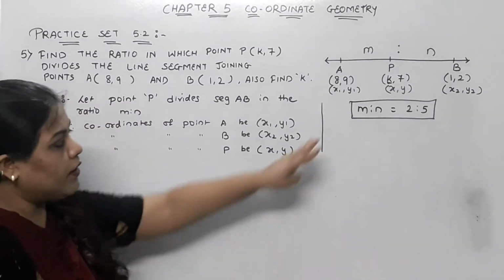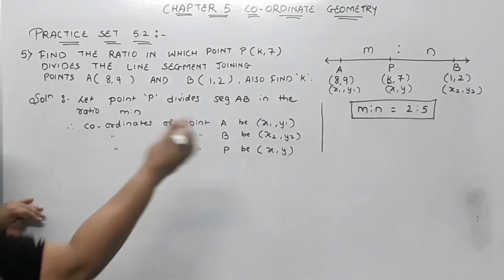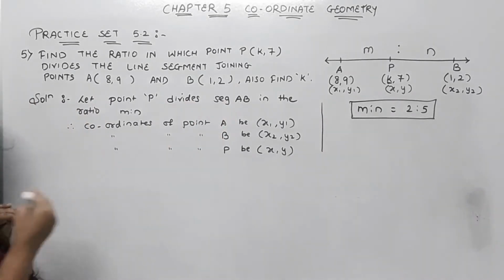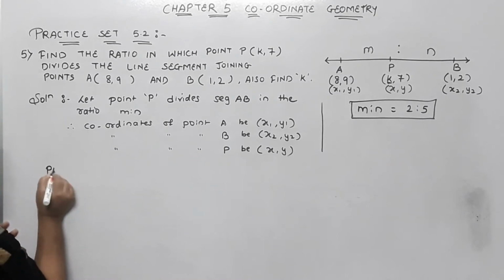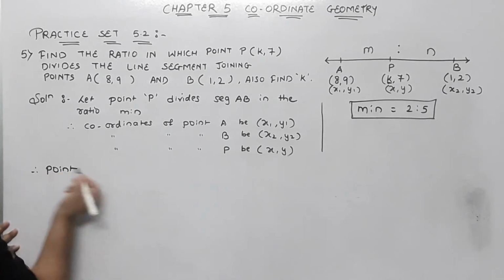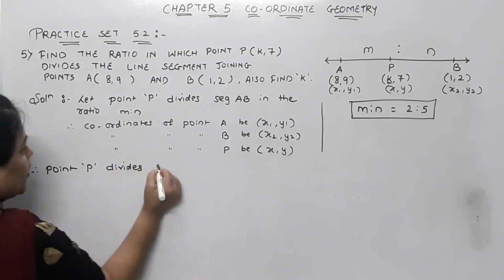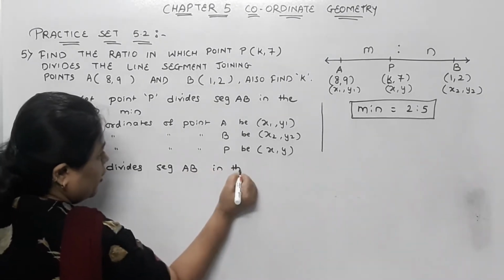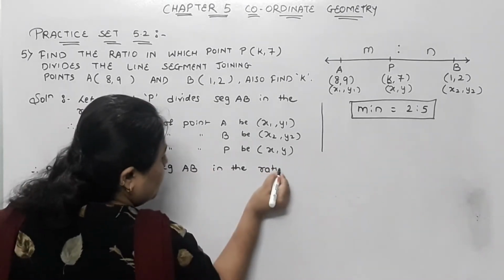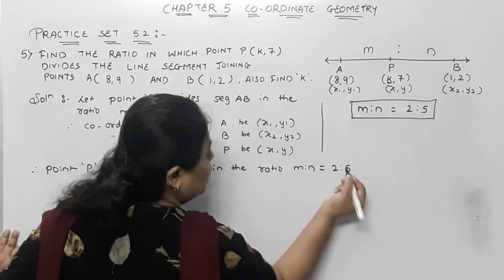Now we got the value of m is to n as 2 is to 5. So how to calculate k now? By applying again section formula for x. Okay. So now we'll write one statement over here. Point P divides seg AB in the ratio m is to n, that is equal to 2 is to 5.